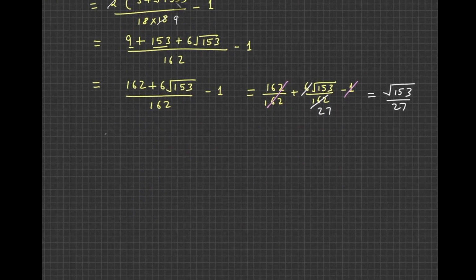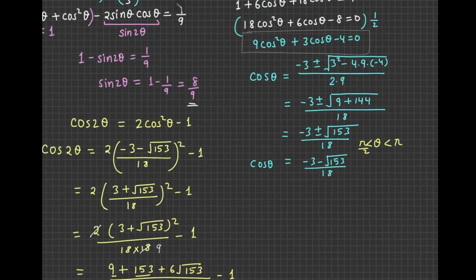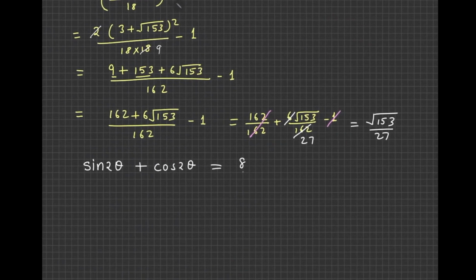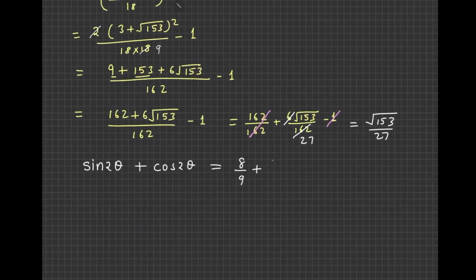So now we have the value of sine 2 theta as well as cosine 2 theta. What is the value of sine 2 theta? 8 over 9, plus square root of 153 divided by 27.